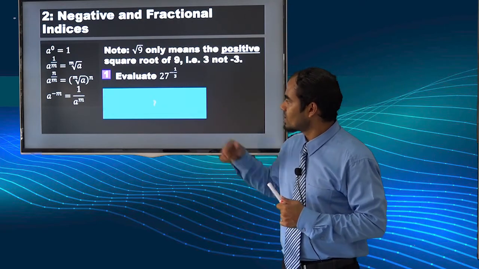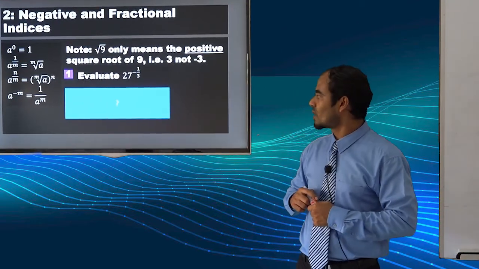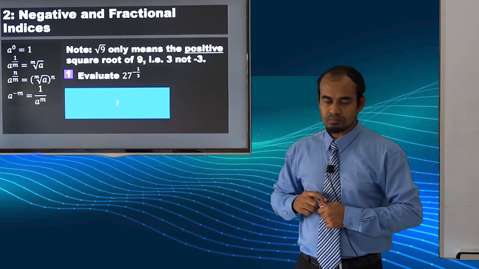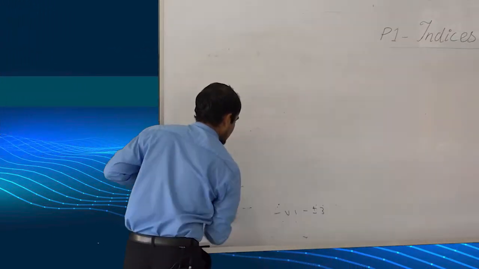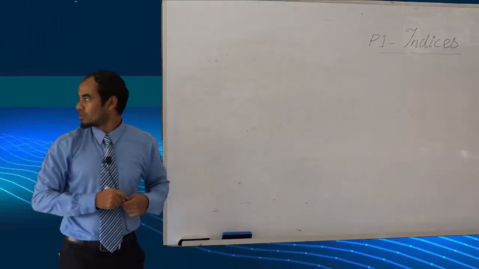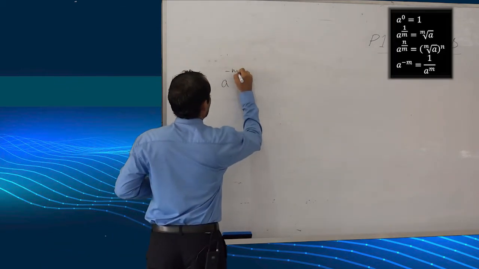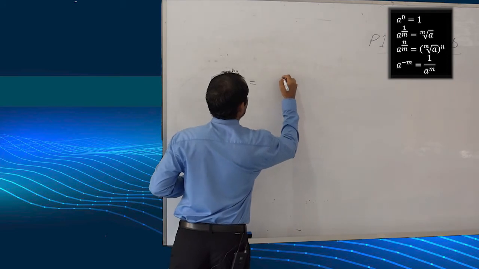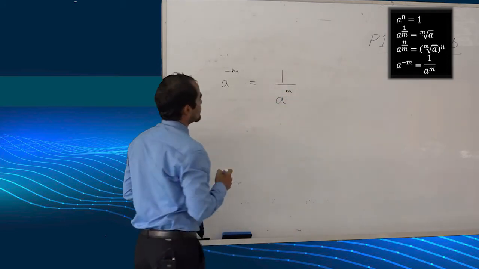And the most important thing is that when you have a negative power, you're just going to divide it by 1 and write it as a reciprocal form. So, for example, if you have a to the power minus m, this will be equal to 1 over a to the power m.